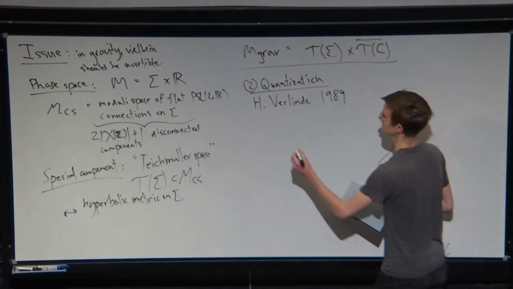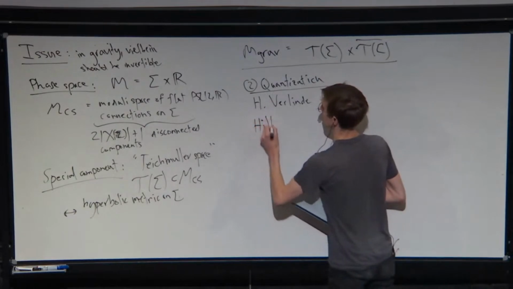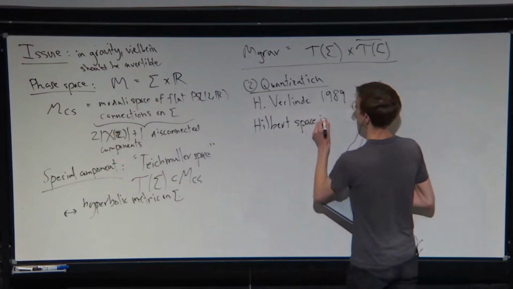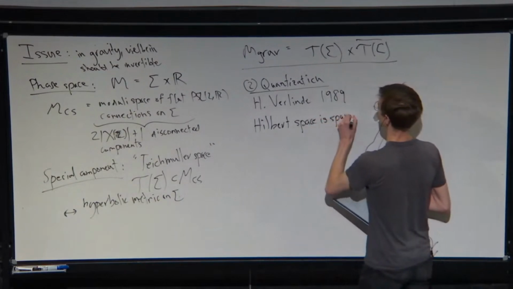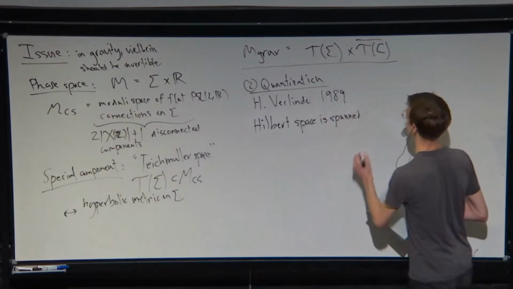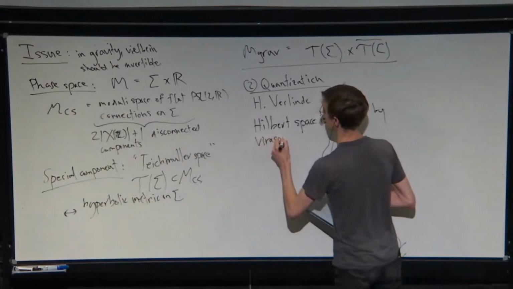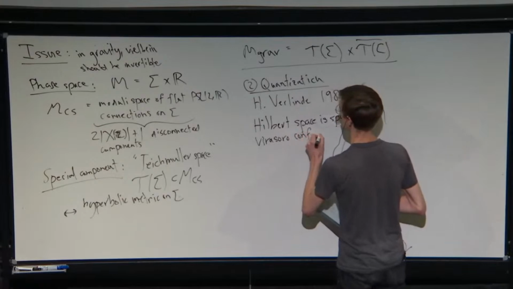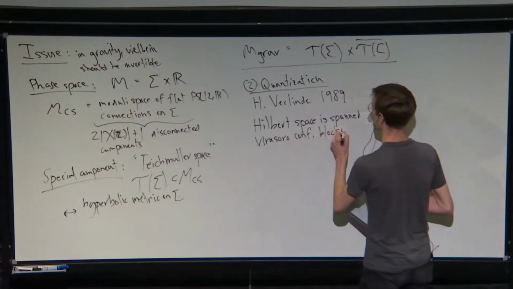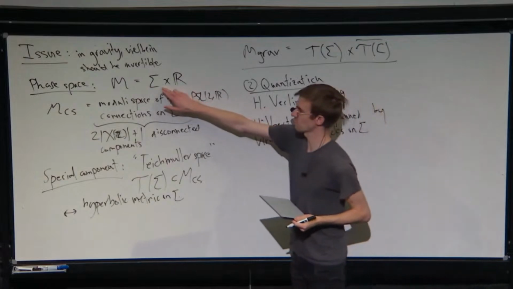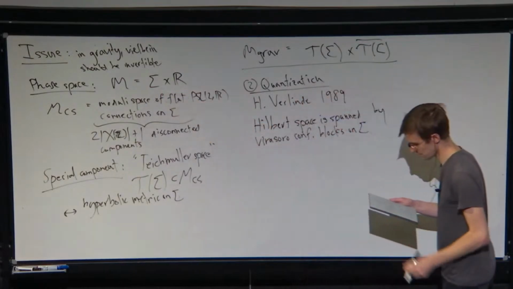And what that means is that the Hilbert space is spanned, in a sense I'll make precise in a moment, by Virasoro conformal blocks on sigma. You should think of sigma here as like an initial value surface in this canonical quantization.